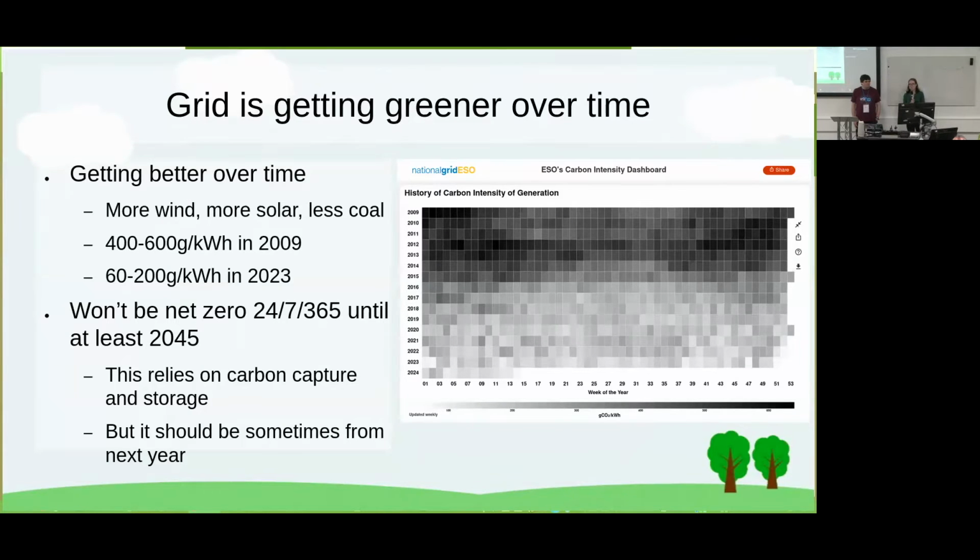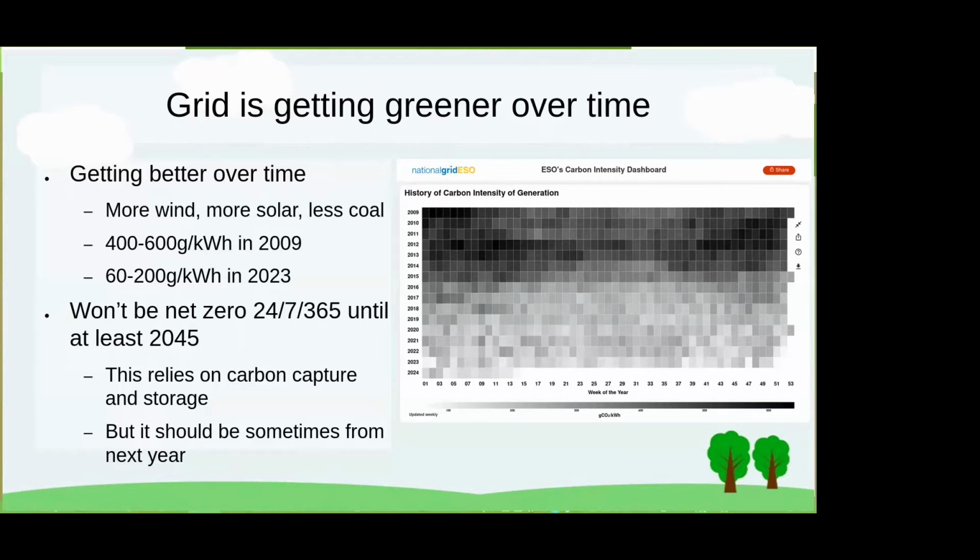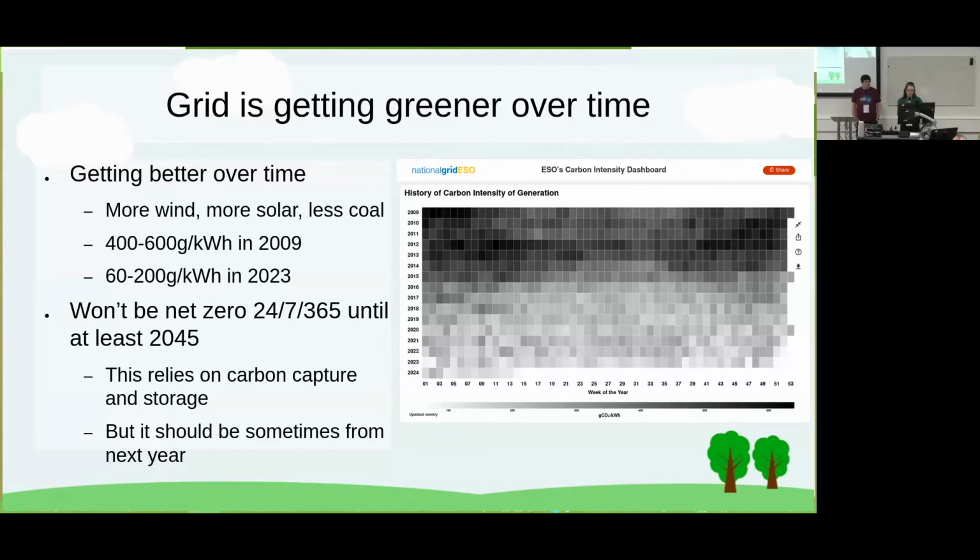Good news is that actually the power grid is getting greener over time. So we've got a visualization here just showing historical trends. Hopefully you can just about read the axes, but the first row is 2009. The final row is 2024. As you can see, obviously we've only been through a third of the year, so there's only a third of the information there.